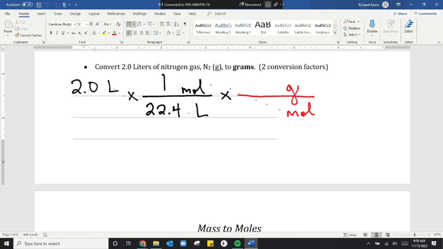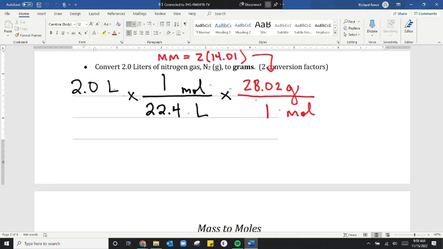And in the second one, I'm going to put 1 mole is the molar mass of nitrogen. Well, that's going to be 2 times 14.01. That's from the periodic table. And that's what's going to go there, 28.02.